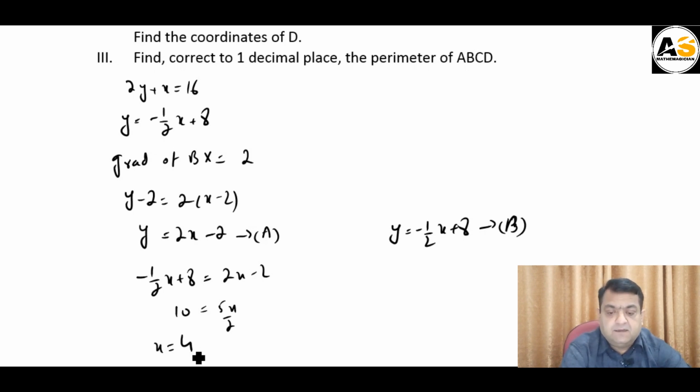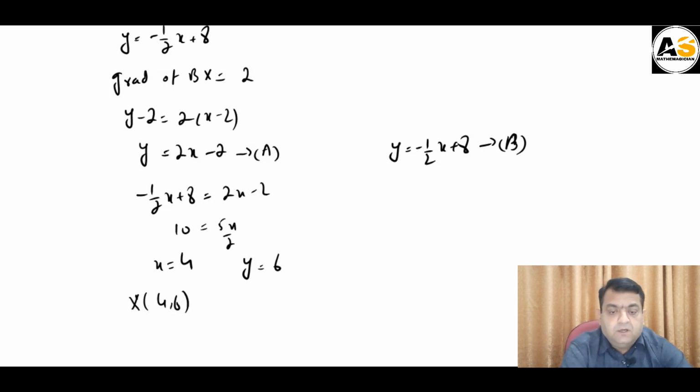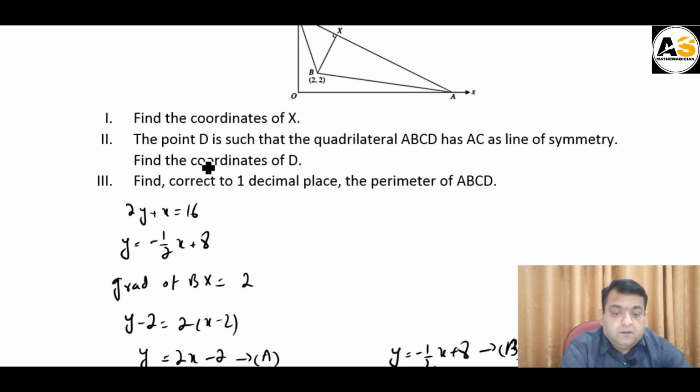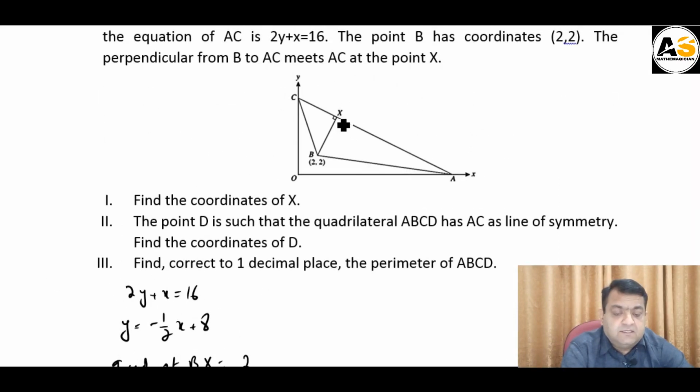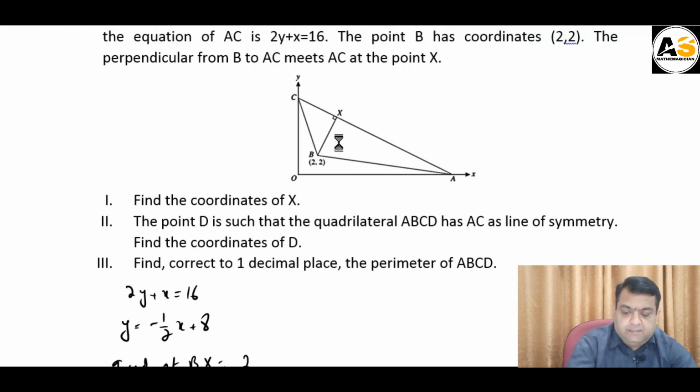I hope this is clear. For x is equal to 4, I will get y is equal to 2 into 4, 8 minus 2, 6. Coordinates of X are 4, 6. So we are done with the first part. Let me copy this diagram for you, so that we can use it again.